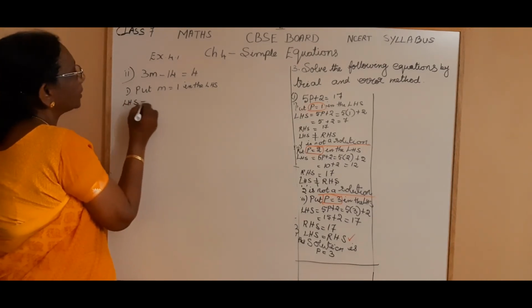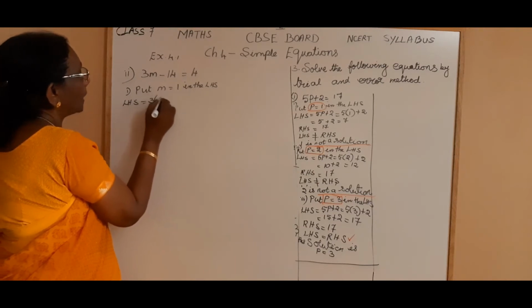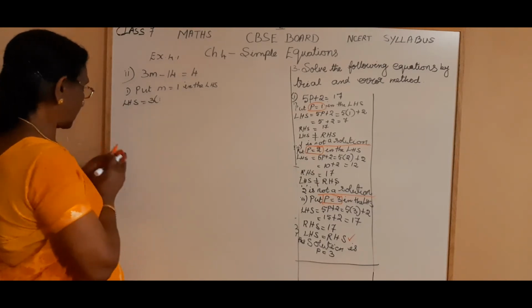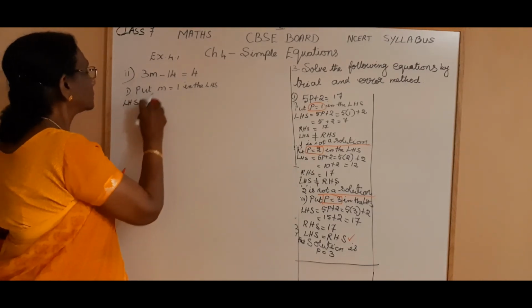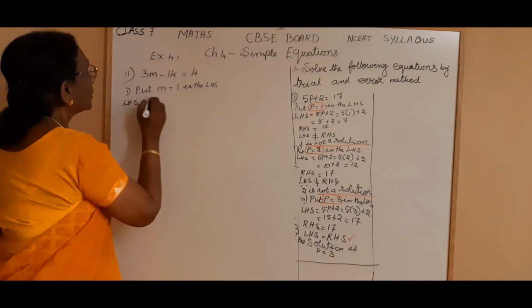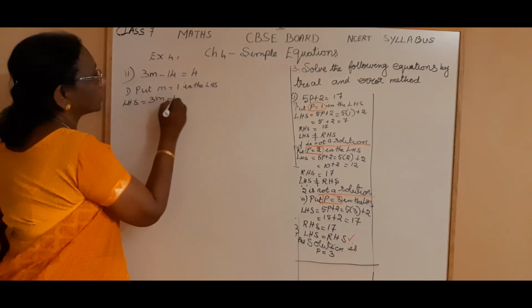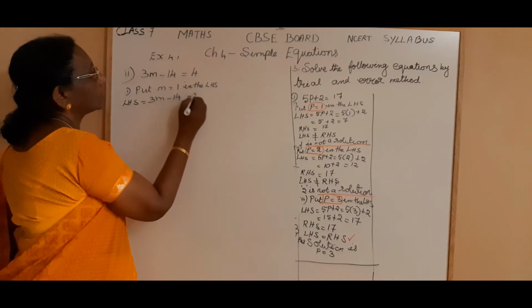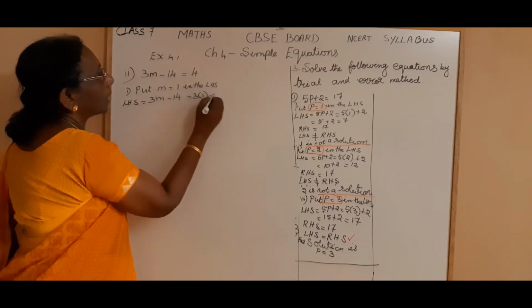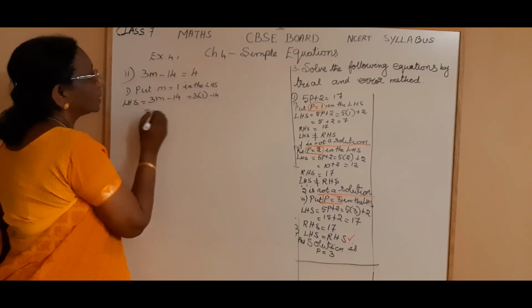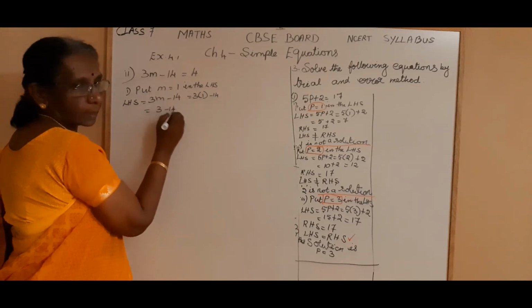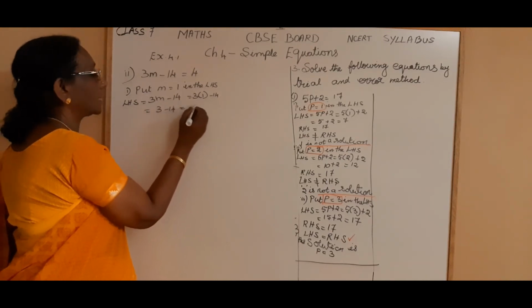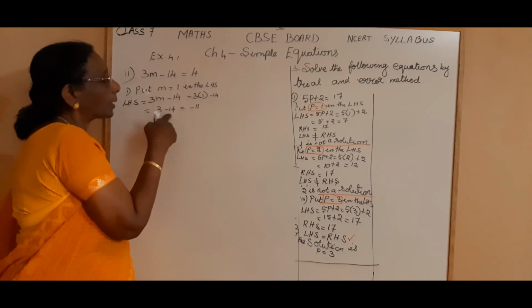LHS is equal to 3m minus 14, that is 3 into 1 minus 14, that is 3 minus 14, which is equal to minus 11. Isn't it more negative?